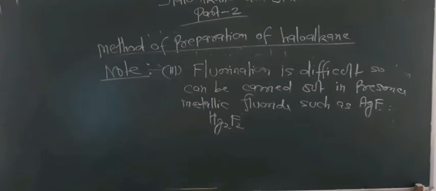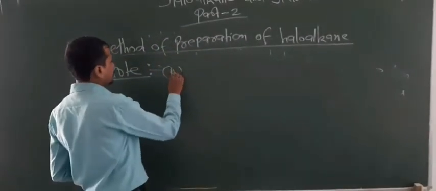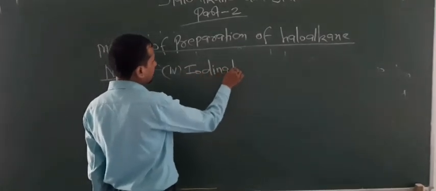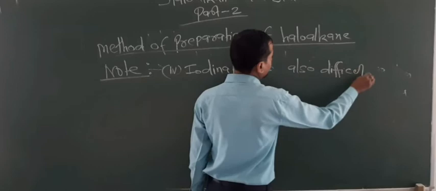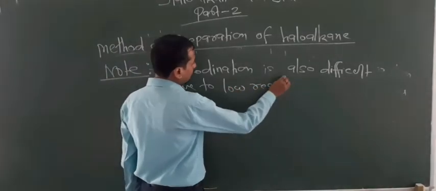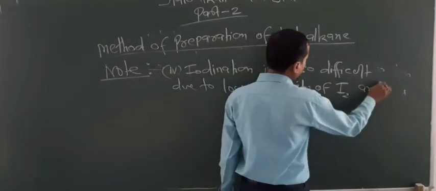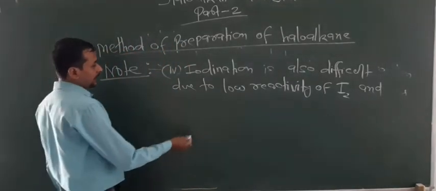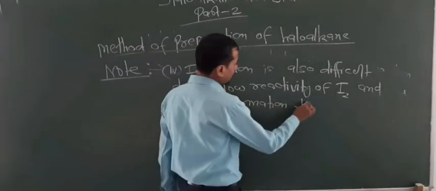Now next, about iodination: it is also very difficult due to low reactivity of iodine. So the fourth point is iodination is also difficult due to low reactivity of iodine, and one more thing happens here, due to formation of HI.